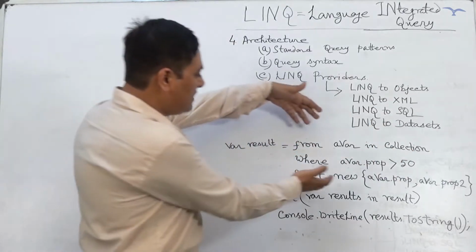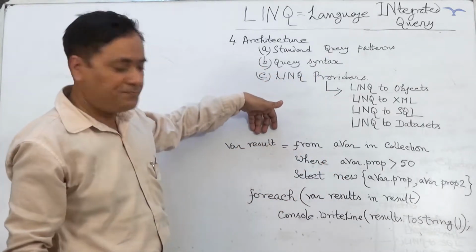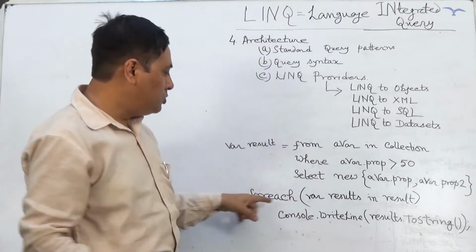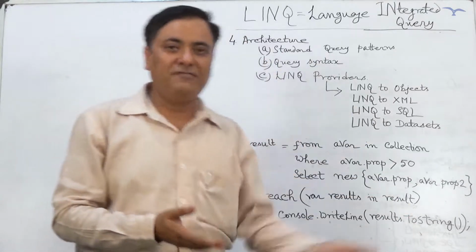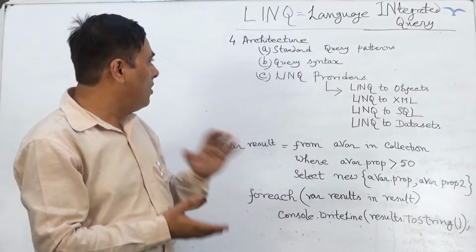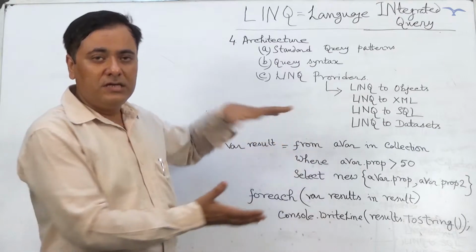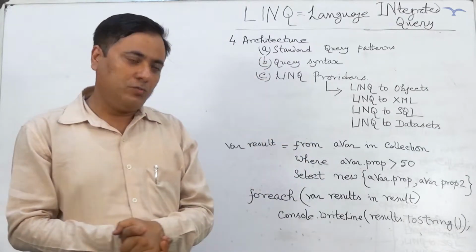Okay. Now this entire result set will come to a variable called result. Now once you have that, you can iterate a loop to print the results with the standard format which we already have discussed in other classes. Okay. So now this is the basic syntactical structure of LINQ.